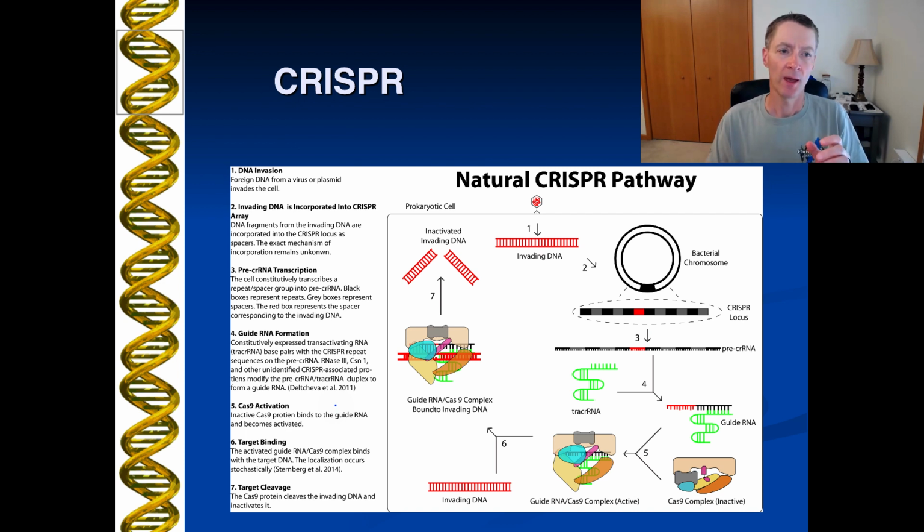So it's not just like a find function in Microsoft Word, right? I can find everywhere the word "the" comes up in a paragraph. This particular CRISPR pathway will find the sequence and interchange sequences in that location, okay?